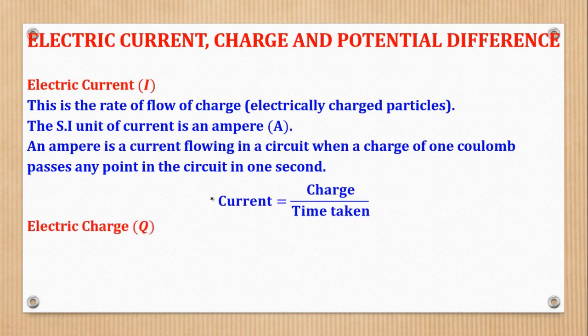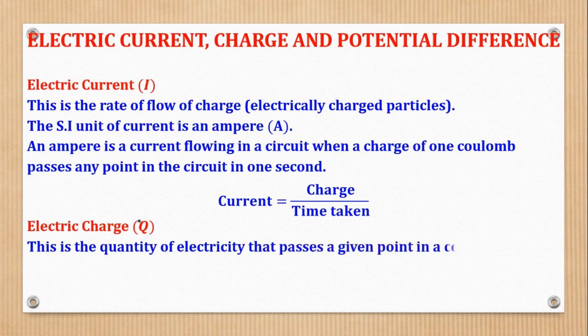Another term is electric charge. We have been using the word charge, so what is charge? The symbol used to denote charge is capital Q. Some use capital Q, others use small q. Both are okay. By definition, charge is the quantity of electricity that passes a given point in a conductor at a given time.